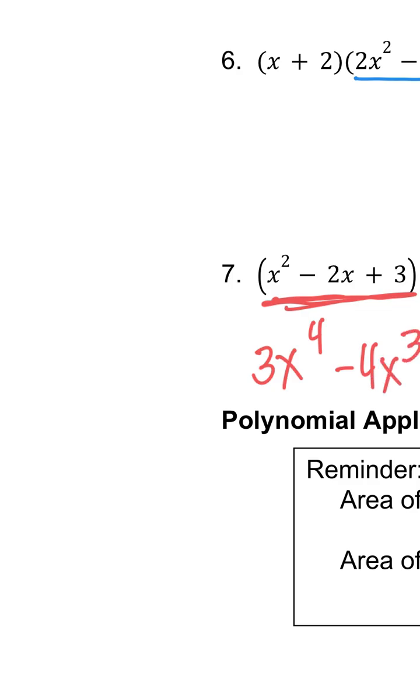Plus 7x squared, because we have 9 minus 4, which is 5, plus 2. Plus 2x, because 6x minus 4x gives us 2x. Plus 6.